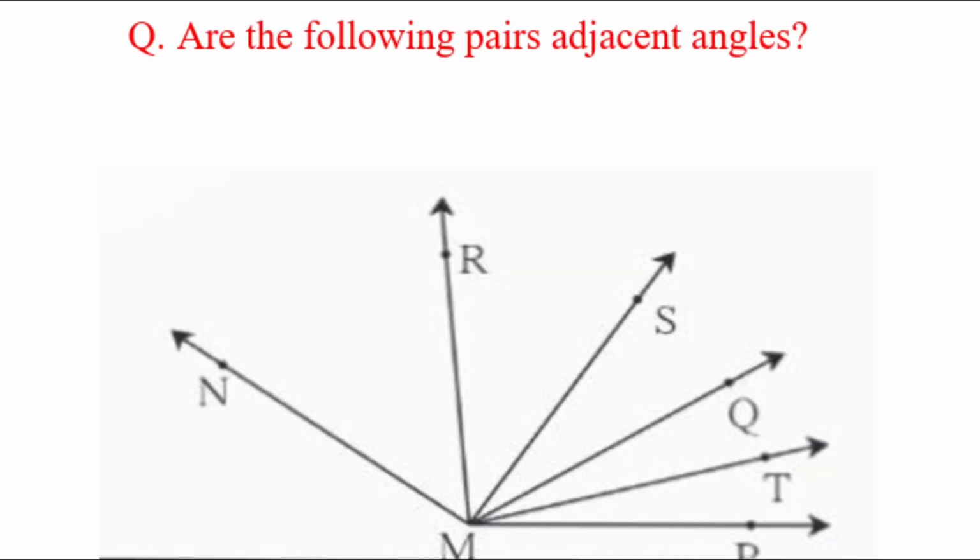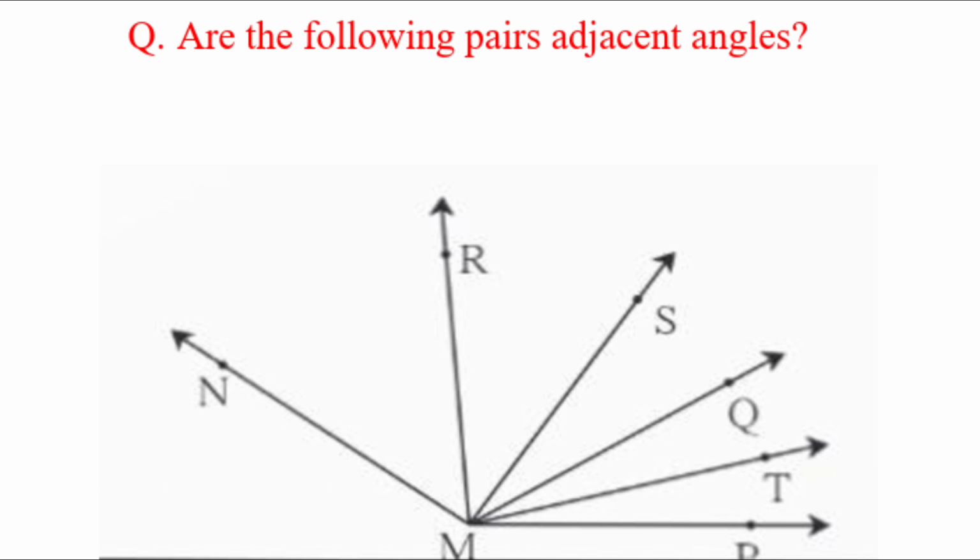Next question. Are the following pairs adjacent angles? Here the diagram is given. Which angles are there in this diagram? Angle NMR, RMS, angle SMQ, angle QMT and angle TMP.